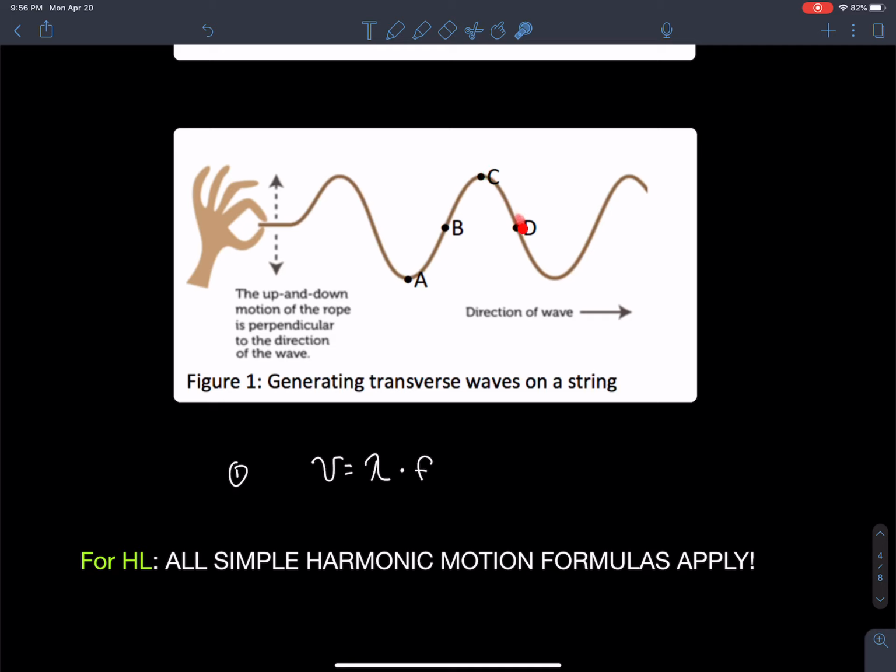I would say that this is a cosine function, and I'd be able to apply all the simple harmonic motion formulas to calculate the acceleration of that particle at that moment, the velocity of the particle at that moment, and the displacement, where that particle will be in 3 seconds. Will it be here? Will it be here? Will it be here? And you'll need to be able to graph that. So for HL, you'll have to apply everything we did in simple harmonic motion when we look at waves.